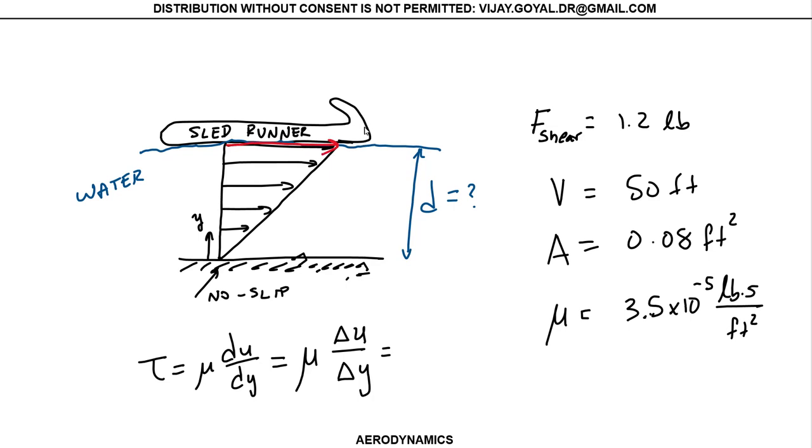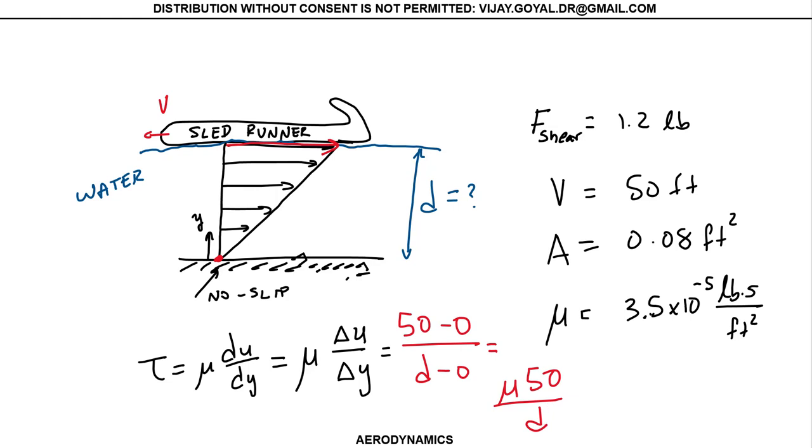This is the velocity of your sled. So the velocity is 50. Initially, the initial point here is 0. So y from a final distance is d positive, my initial value is 0. Okay, so this gives me mu times 50 divided by d.